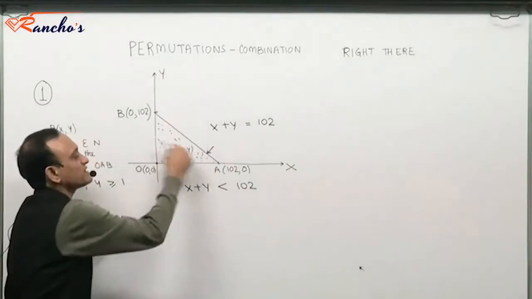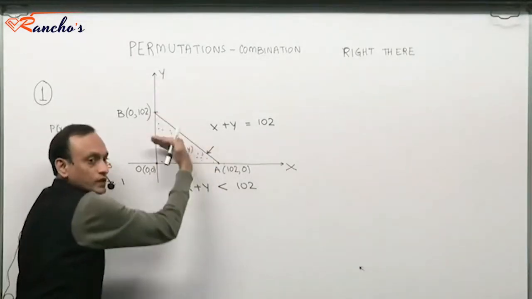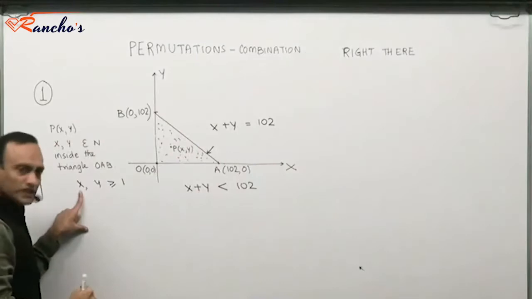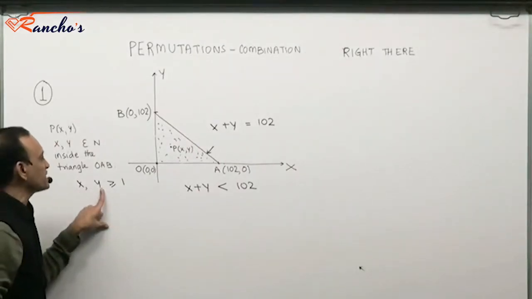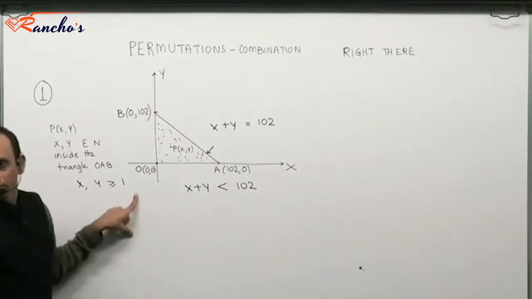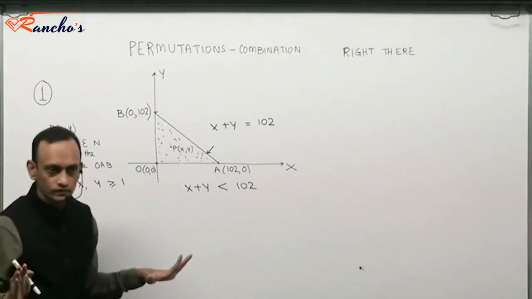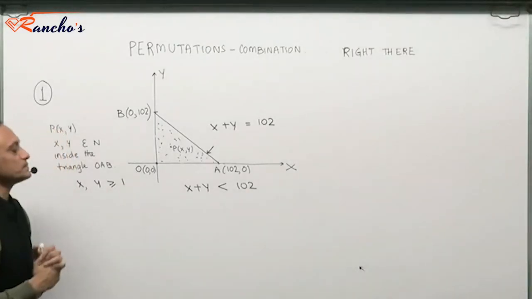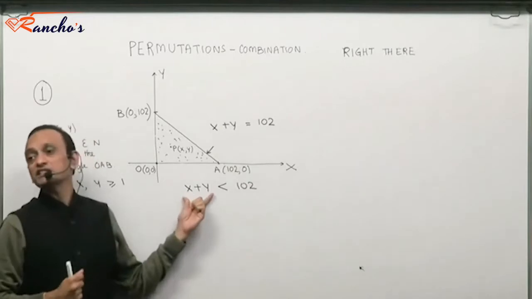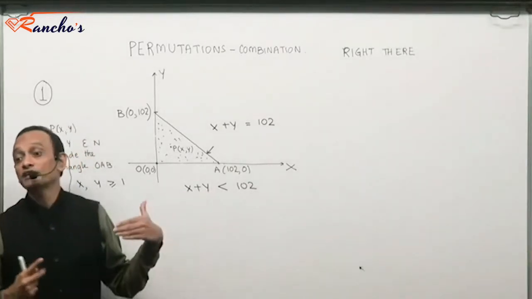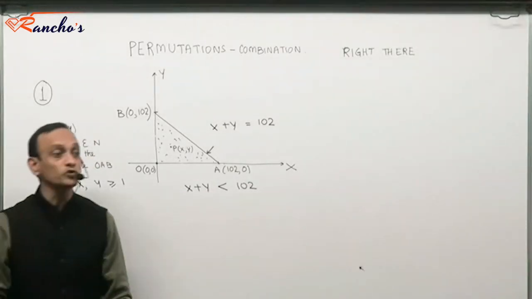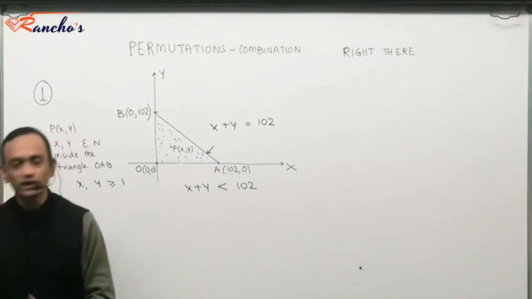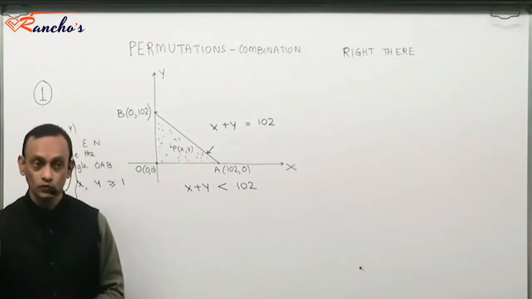This region, do you realize, is x plus y less than 102? And obviously, within this region, I want to deal with only those (x, y) that are natural numbers, right? Yes or no? That means, to this inequality, I want to find the number of natural number solutions. Yes or no? Right?